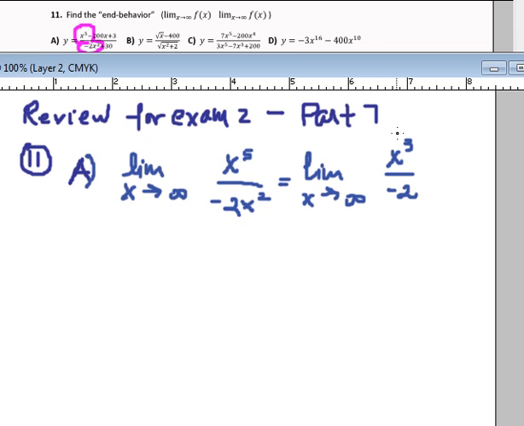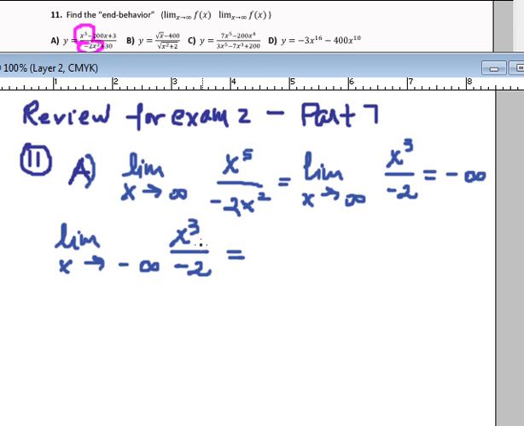So as x goes to infinity, x cubed goes to infinity, and since we're dividing by a negative, the limit is equal to minus infinity. And now if we take the limit as x goes to minus infinity of the same quotient of dominant terms, that's the limit as x goes to minus infinity of x cubed over minus 2.